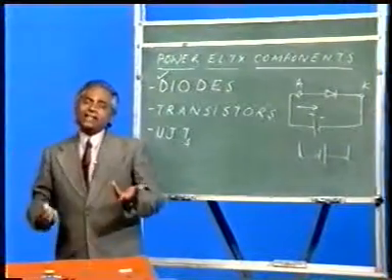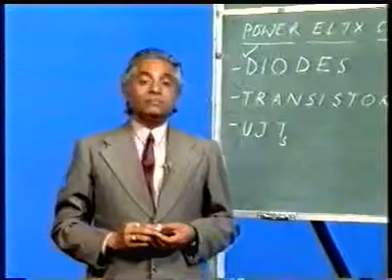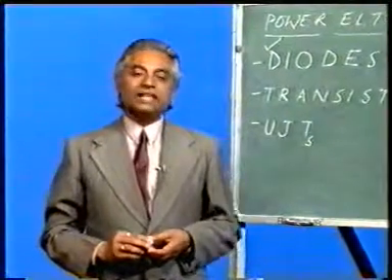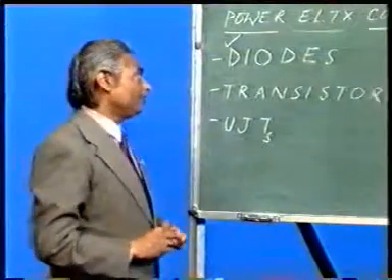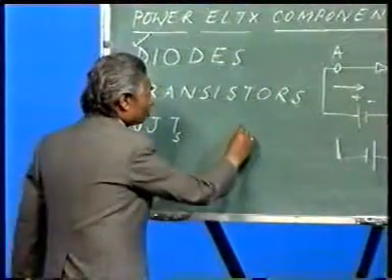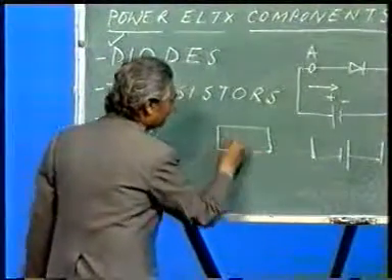Now there could be many types of diodes. In earlier days you all know that tube diodes were there, but nowadays it is all semiconductor devices and we call them PN diodes. Now in PN diodes or NP diodes, a little bit of theory is required.